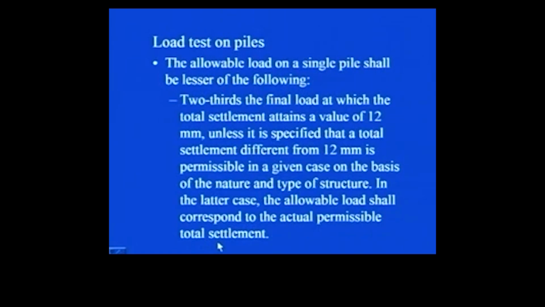So, if 12 mm is not mentioned, and the total settlement is of some other magnitude, say 20 mm or 30 mm, depending on the type of structure and type of soil, then you have to take the allowable load corresponding to that particular settlement, not the 12 mm.